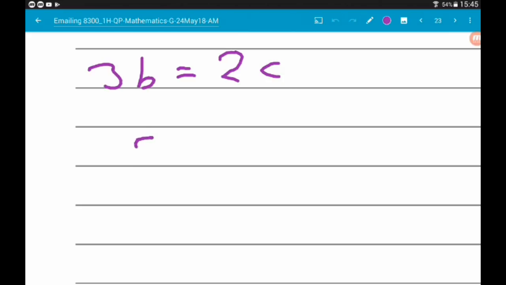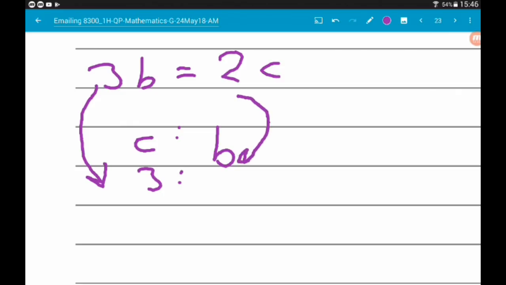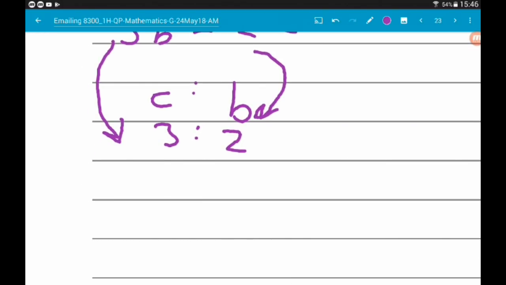So we get C to B, like that. The coefficient of B is the C part of the ratio, so we get 3, 2, and then the coefficient of C is the B part of the ratio. So C to B is 3 to 2, or we could say B to C is 2 to 3.